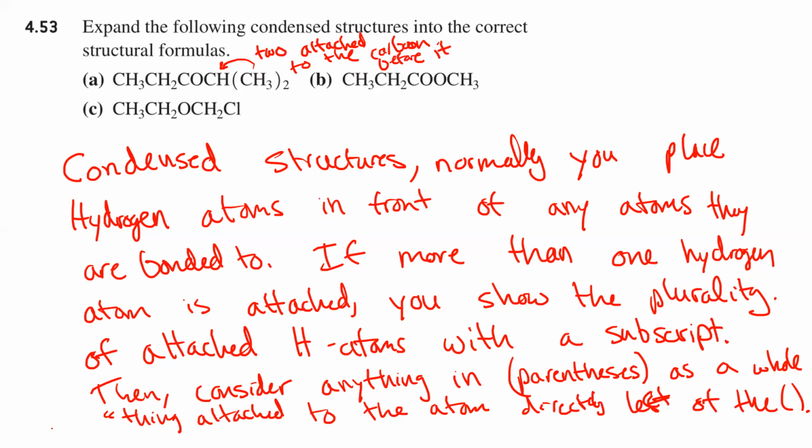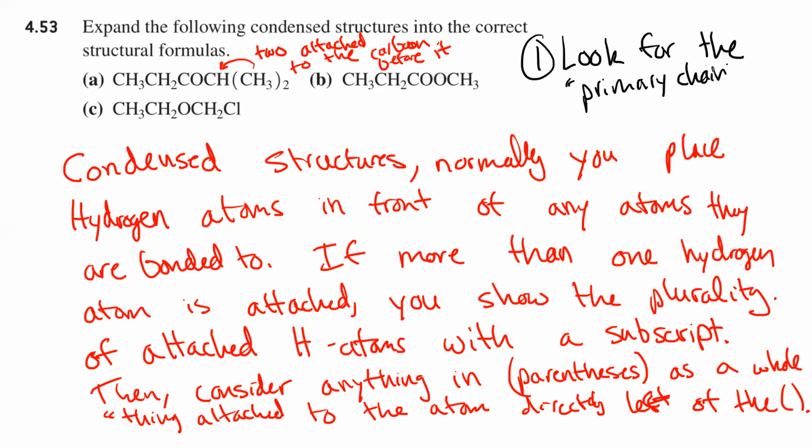And literally what you're trying to do is look for the kind of primary chain. And then 2, consider the things attached. Not condensed. Consider attached stuff.